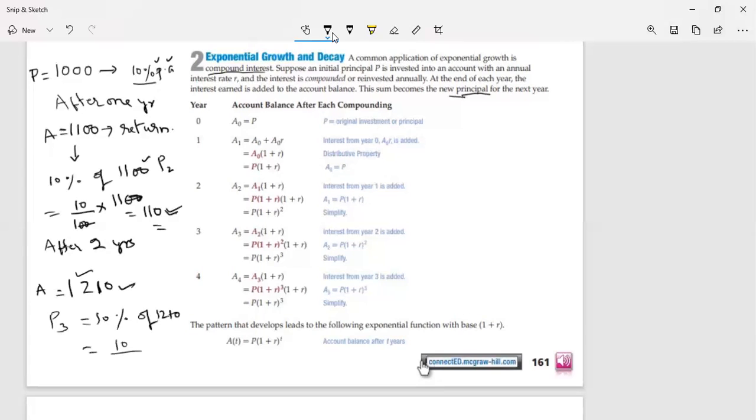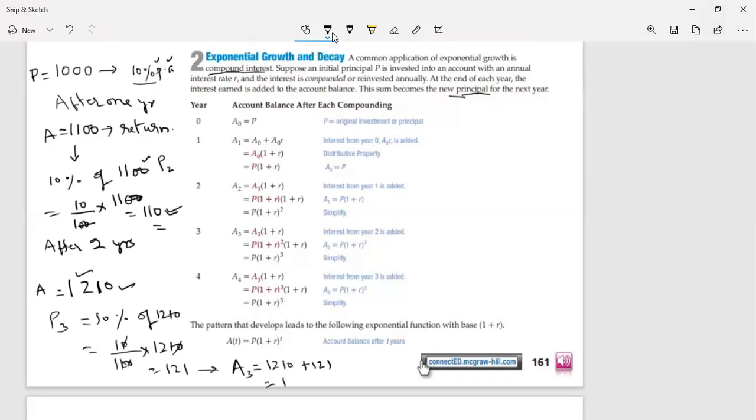You can find out 10 by 100 of 1,210. These two zeros will cancel, so 121. So next year you have to pay 121. So your amount after 3 years, A3, will be equal to 121 added to 1,210, so 1,210 plus 121.